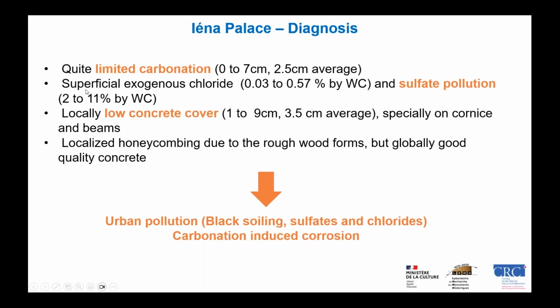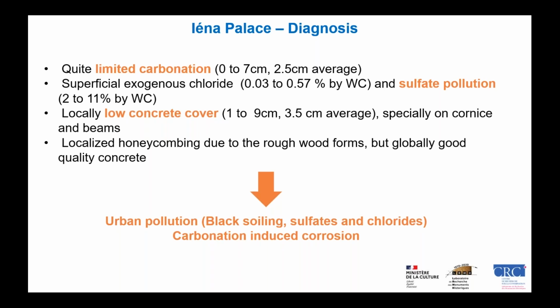It could be up to 11% by weight of cement. We had locally low concrete cover with 3.5 centimeters as an average. If we compare to the carbonation average, it's lower. The carbonation is lower. And we had localized honeycombing due to the rough wood form, but globally good quality of the concrete.